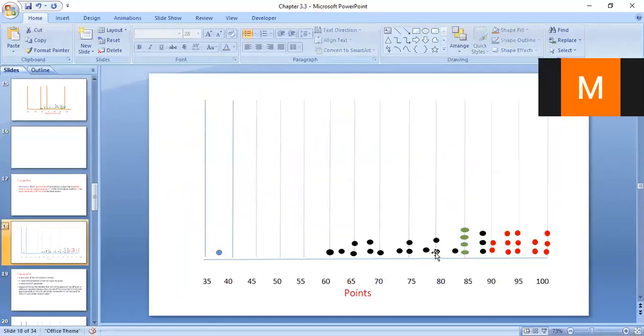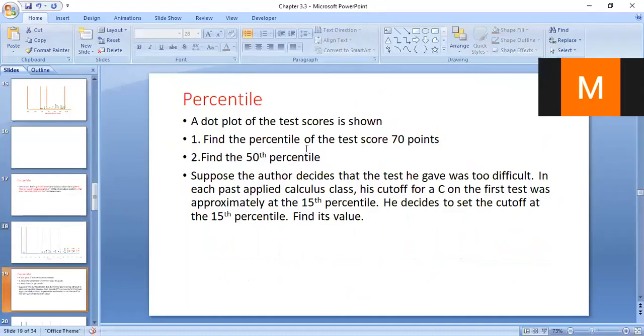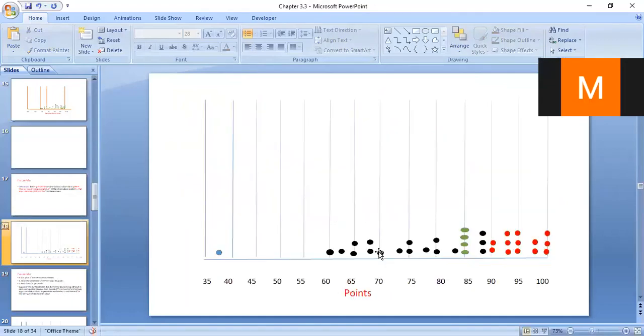You go to the table and find the percentile of the 70 point. You count from left to right, and you get 8.